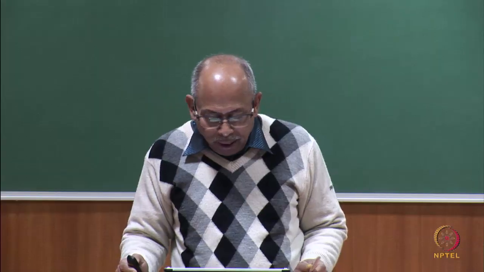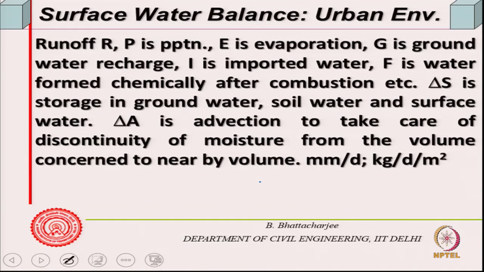So, imported water. F is the water formed chemically after combustion. If factories or any other combustion are there, water vapor will be released, and soil water. Delta is advection, any kind of discontinuity of moisture, basically flow through a porous system; there can be advection or diffusion of moisture vapor also.